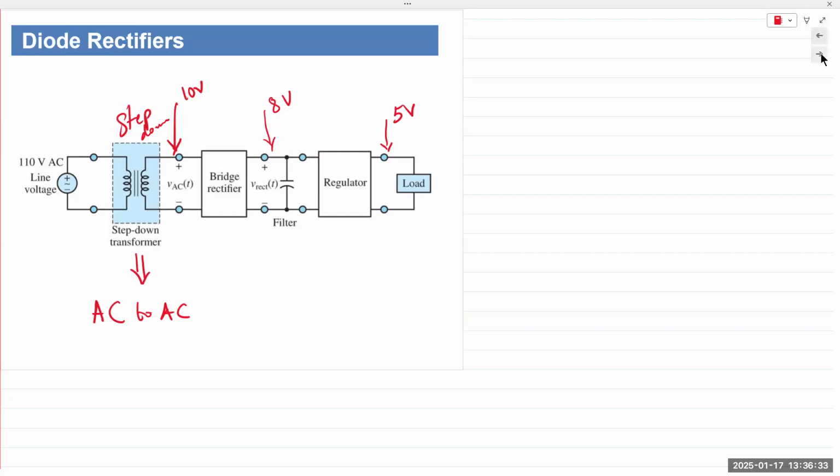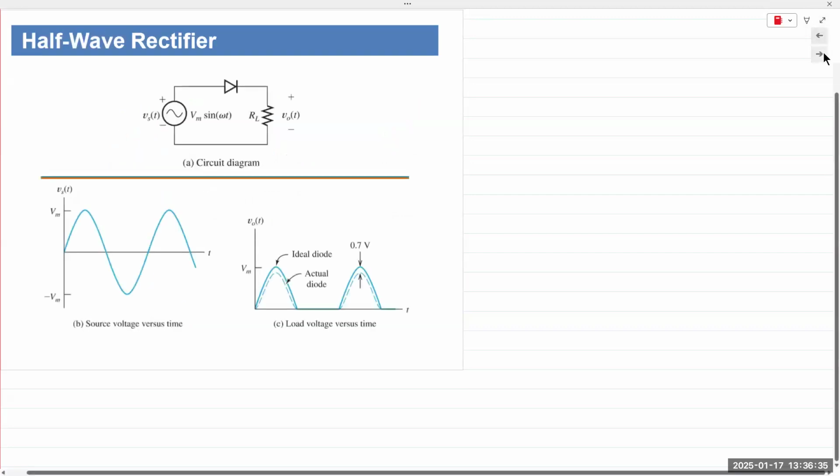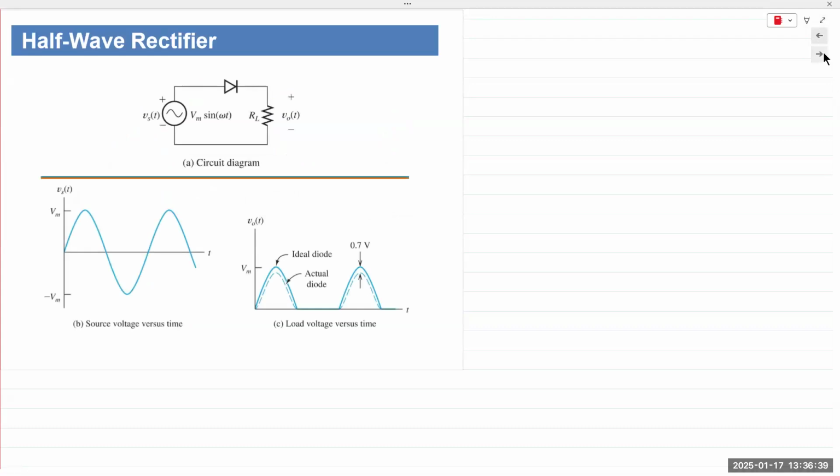Anyway, coming back to our circuits, let's look at the first rectifier circuit. That is the half wave rectifier. And what I'm going to do is I will use the ideal diode model to analyze this half wave rectifier. Right, let's look at the positive half cycle. This is the input right here on the left, and this is the output waveform.